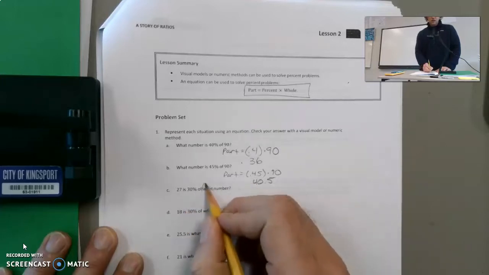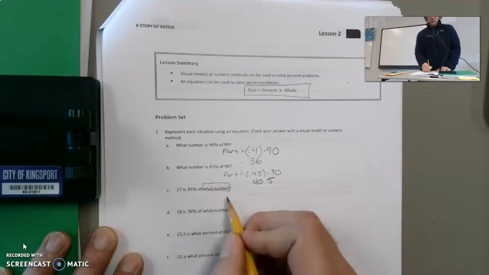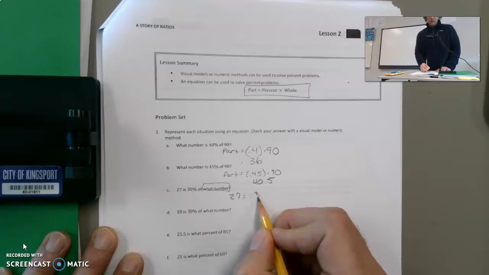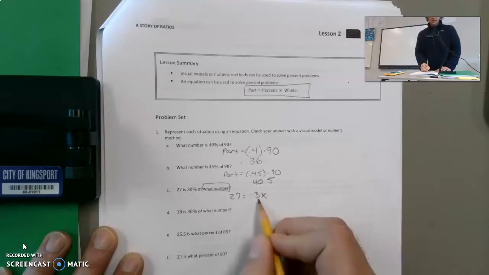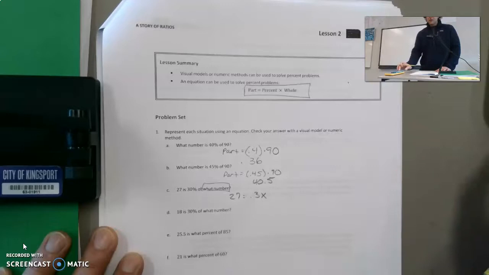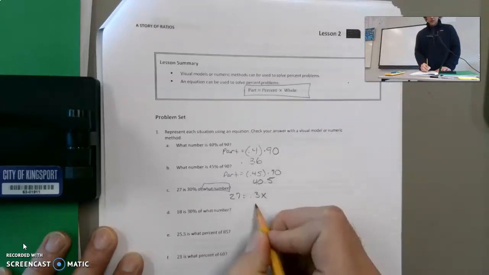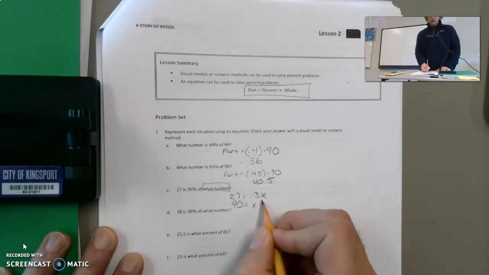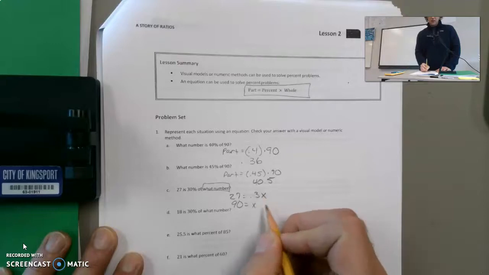So this is actually our total amount. So 27 is equal to 30% of what? Well, if I divide both sides by 3/10, 27 divided by 3/10, x is going to equal 90. And the way I did that was I just divided it by this coefficient.